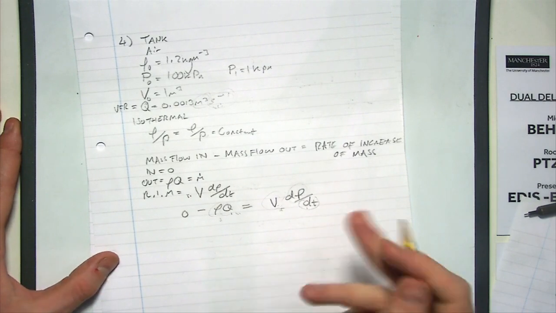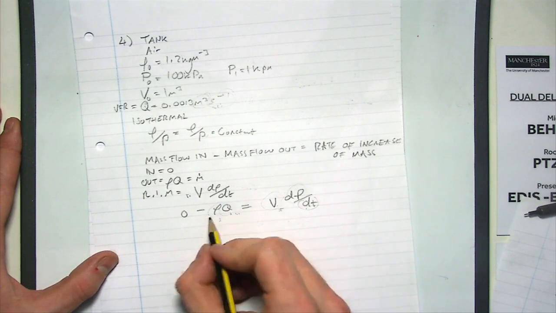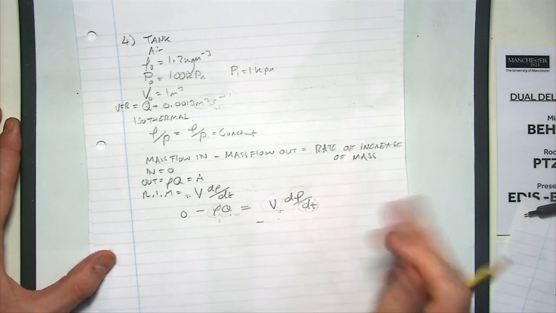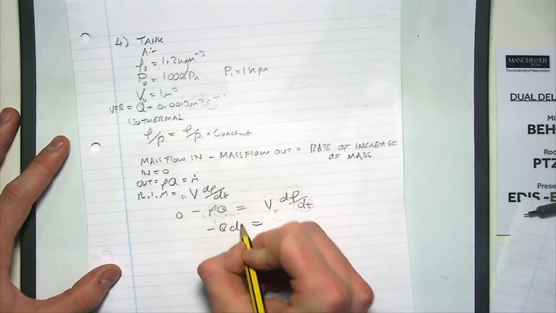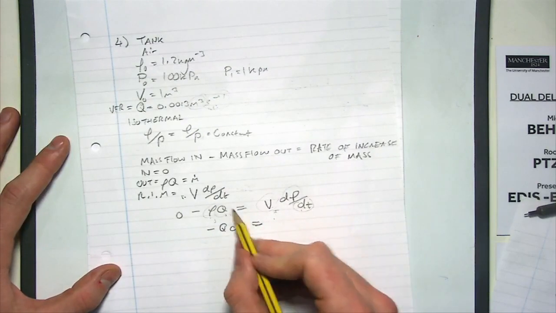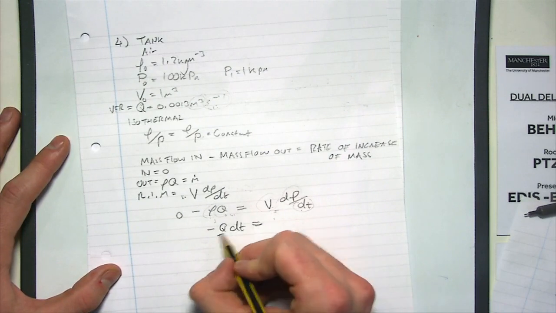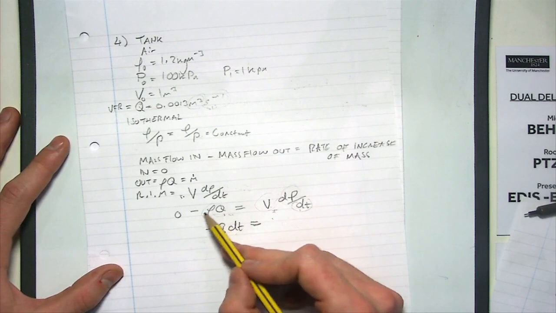So all I'm going to do is a little bit of rearranging. I'm going to bring the rho over here. We'll leave the minus sign on the other side, and I'll turn that into an equals: minus Q over V dt. I brought the dt over here. Q over V dt, and left the minus sign.